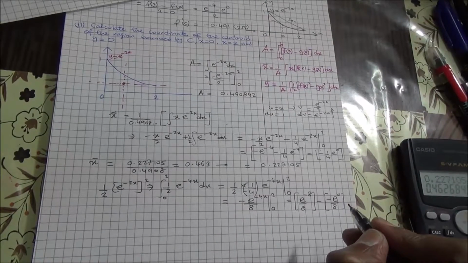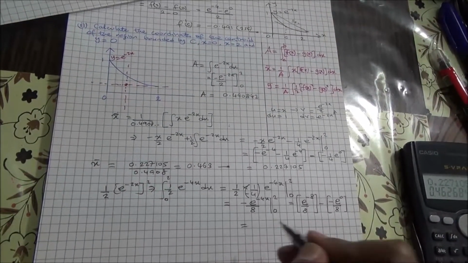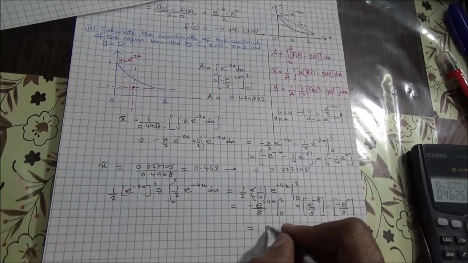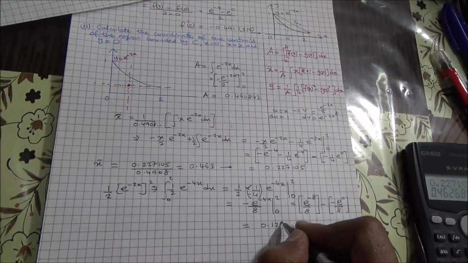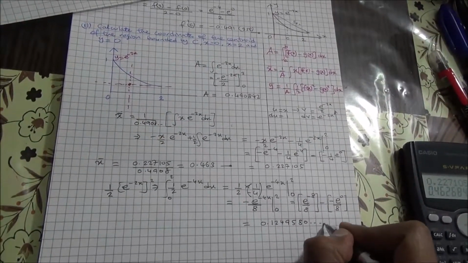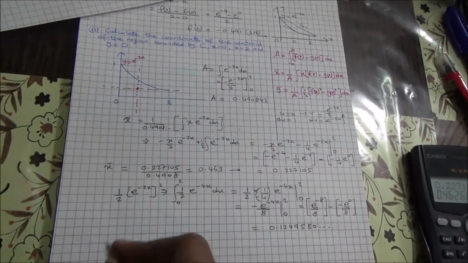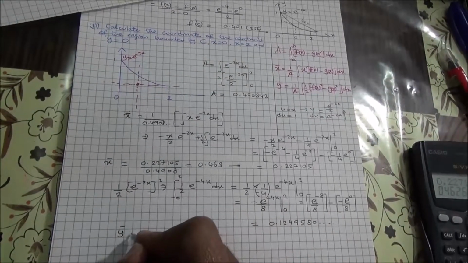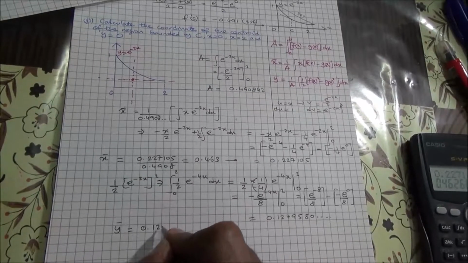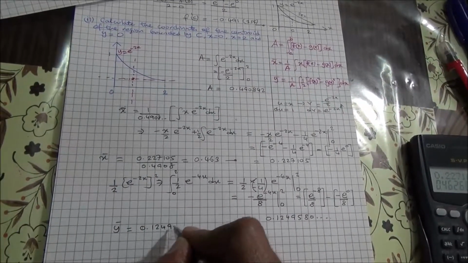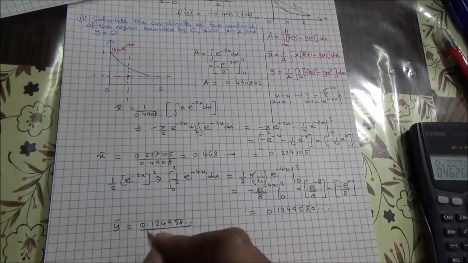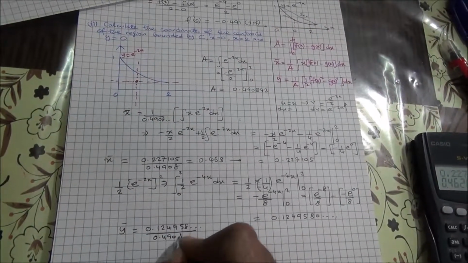Now if you do that on your calculator again, you're going to end up with 0.1249580 and so on. So therefore the y coordinate of the centroid is going to be this 0.124958 and so on, divided by the area we found earlier on, so 0.4908.